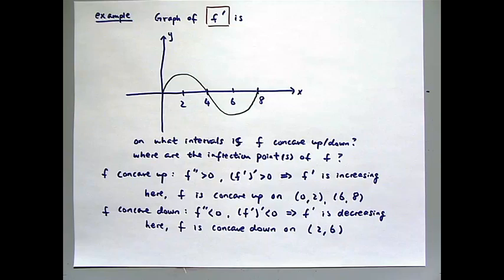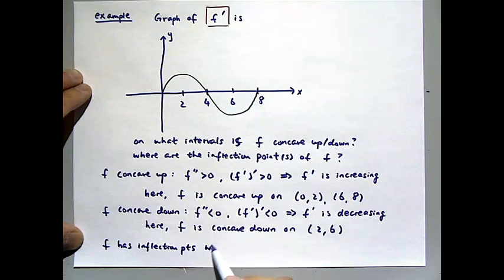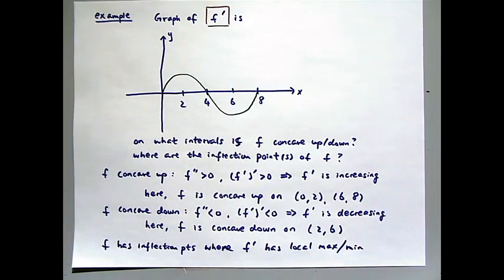Okay, good. The inflection points on the function f. Inflection points happen when f double prime changes sign. That means the slope on f prime is changing sign. That means f prime itself would have a local maximum or local minimum.